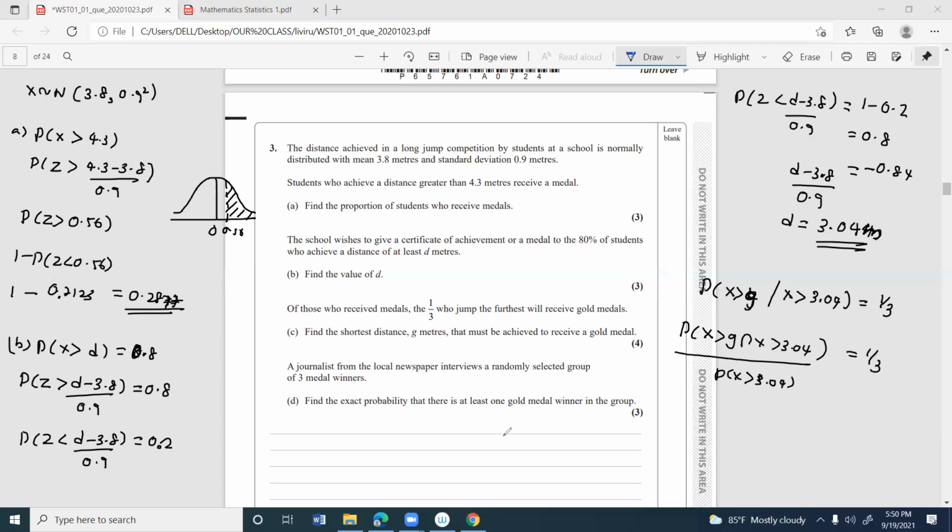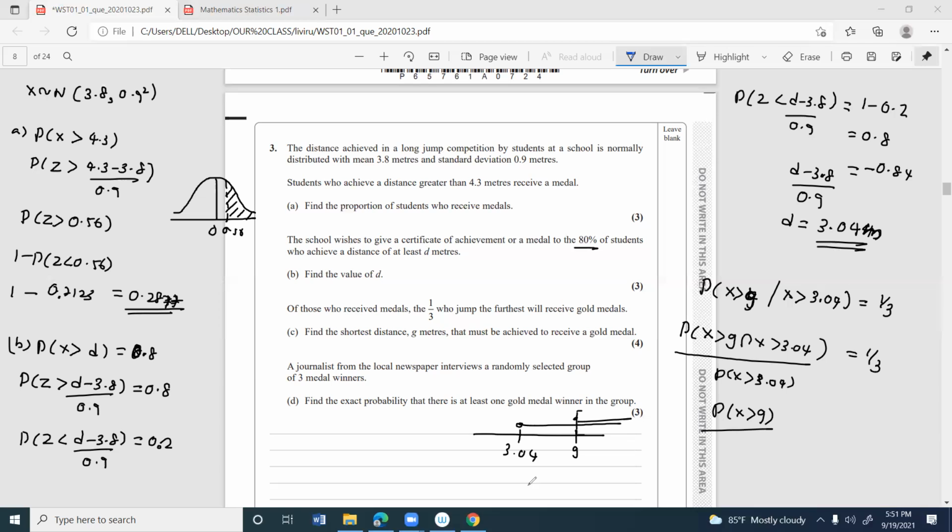Now there's a logic. Obviously, to get a gold medal you have to jump more than this one, therefore this should be G. Then what is the common region? It turns out to be probability of X is greater than G, divided by probability of X is greater than 3.04, which is 80%.